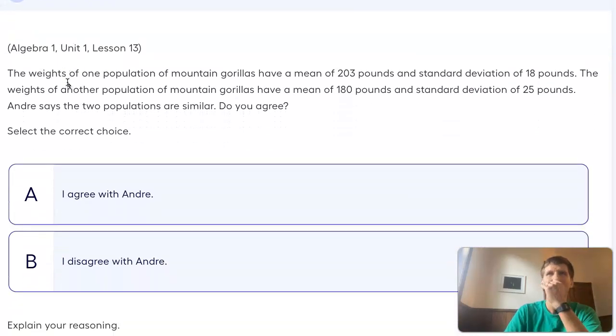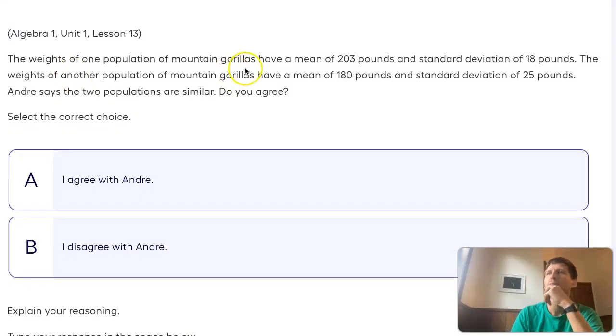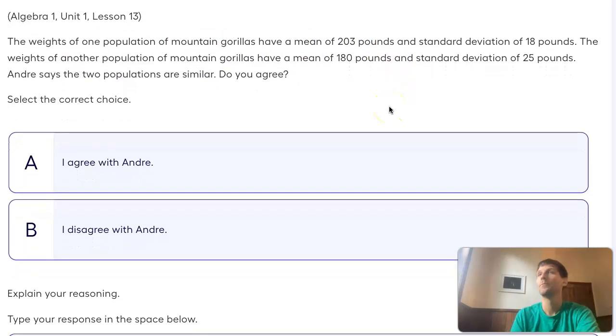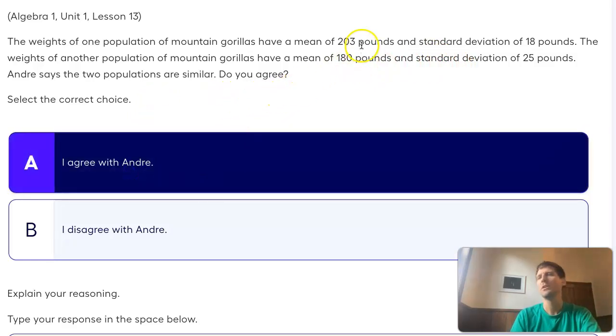All right, so this was one we said there could be an argument made for both. However, the weights of one population of mountain gorillas, I love mountain gorillas personally. They're beautiful creatures. They have a mean of 203 pounds and standard deviation of 18 pounds, while another population has a mean of 180 and a standard deviation of 25 pounds. Andre says the two populations are similar. Do you agree?